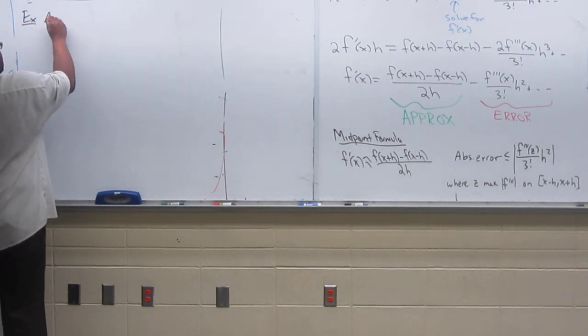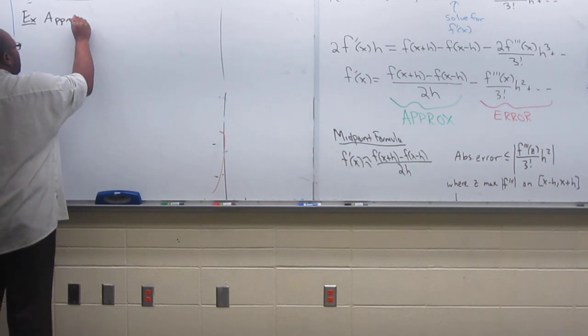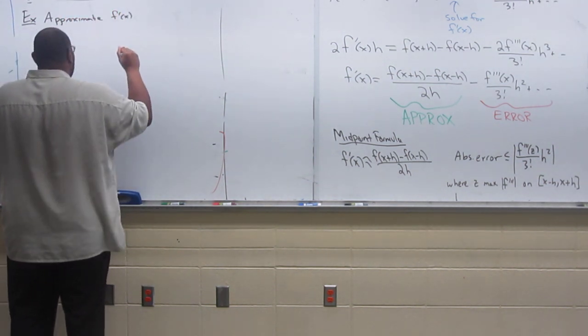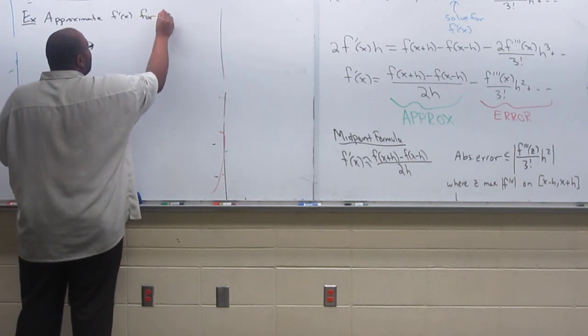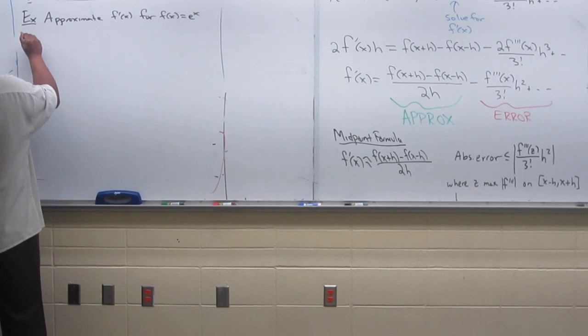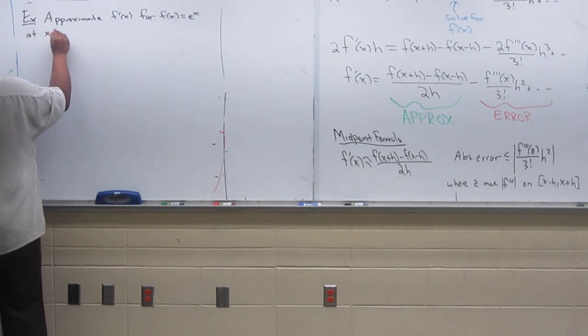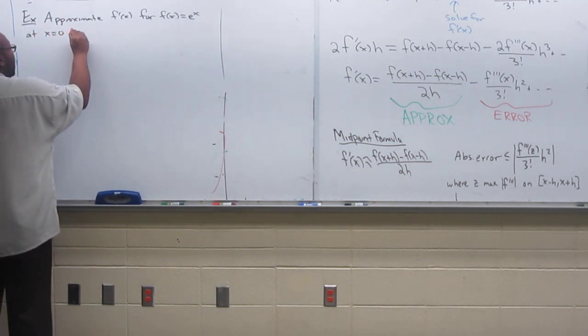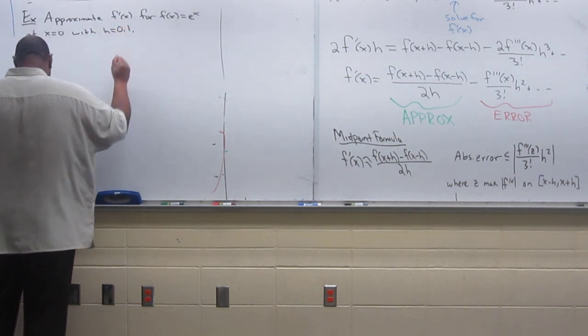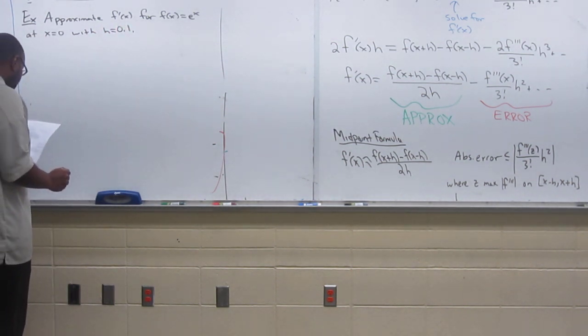Approximate f prime of x for f of x equal to e to the x at x equal to 0 with h equal to 0.1. Now there's our 1/10 right there.